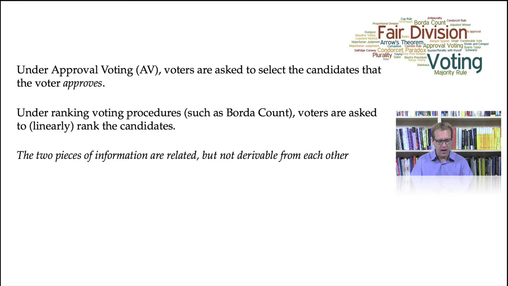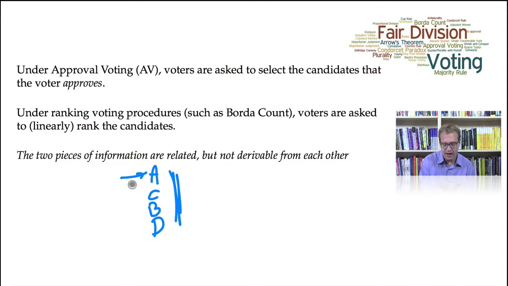Now, these two pieces of information, the ranking of the candidates and the set of candidates that you approve of, you can think of these as different aspects of the voter's overall opinion about the candidates. And these aspects are related, but of course, they're not the same thing. So if I give you my ranking, for example, A above C above B above D, you can't tell just from this ranking alone which of the candidates I actually approve of.